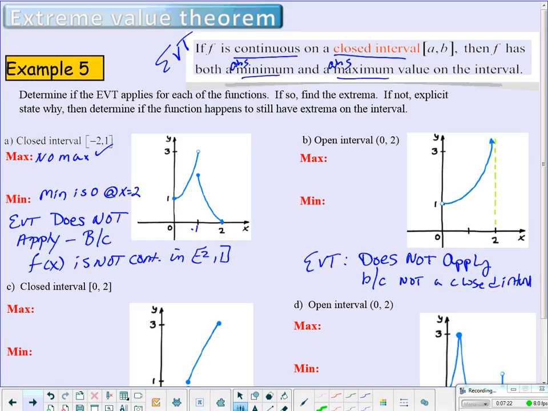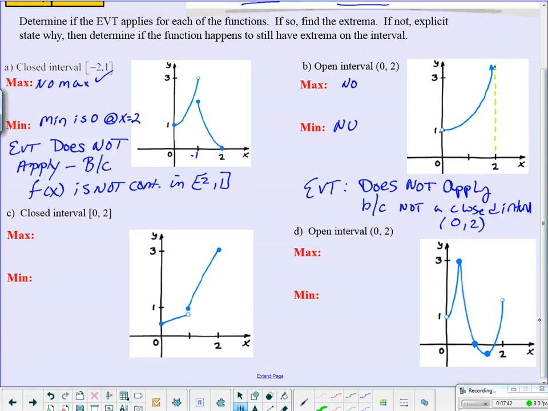We would be on an open interval, looks like open 0 to open 2. So there doesn't have to exist a min and a max. And actually in this case, we have no max and no min. We've got open circles approaching infinity here. So neither has it. In this one, does the EBT apply?